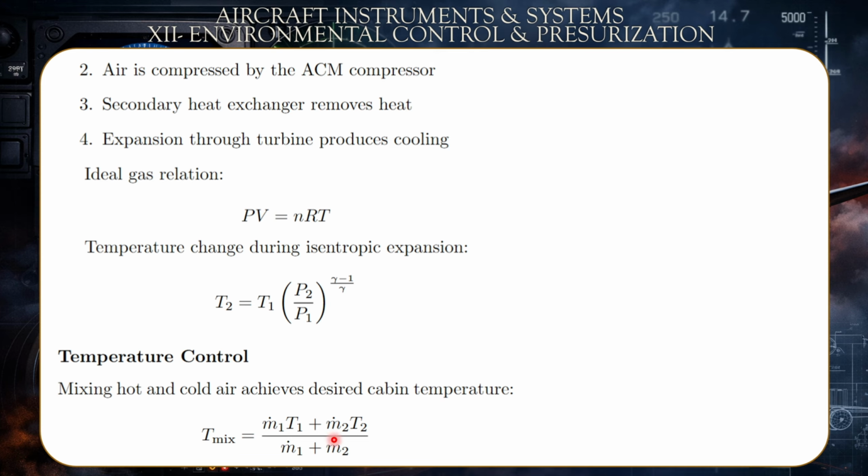This is the exchange temperature formula between the gas that's going in and that is existing in the cabin, during a heat transfer, or a cooling transfer in this case.